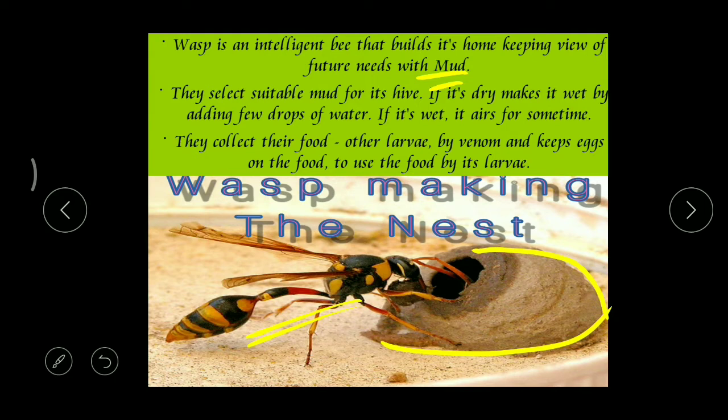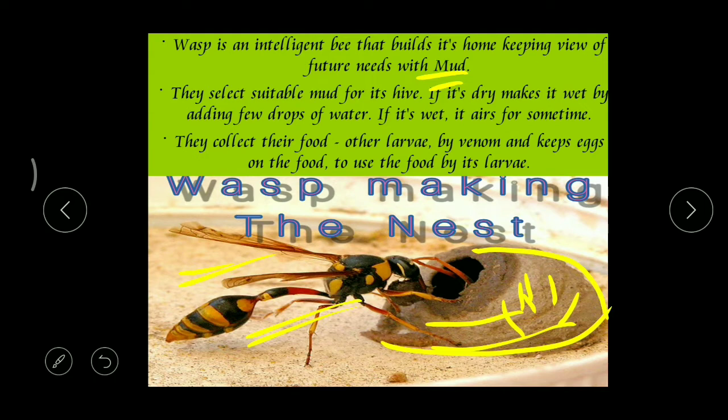Suppose this mud is a little bit tight, then by adding a few drops of water, it makes it a little bit loose. Alright, suppose the mixture, this mud, is very loose, then it waves its wings.